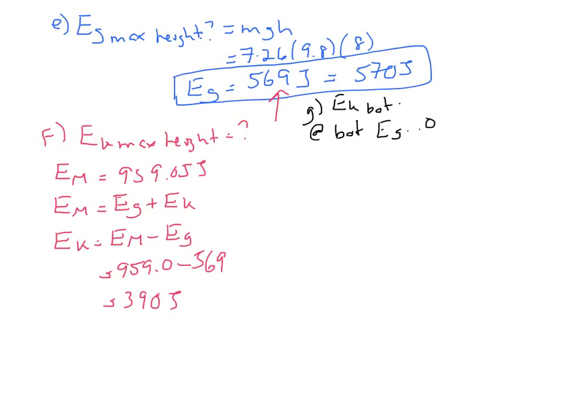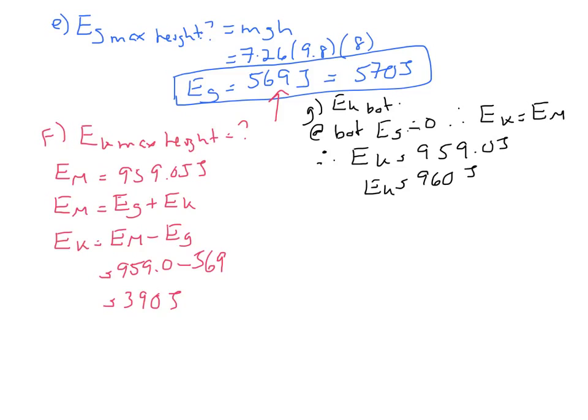That means that at the bottom, EK equals EM. Therefore, EK equals 959.0 joules, which equals 960 joules at the bottom. Again, because at the bottom there's no EG left, so everything is made up of EK.